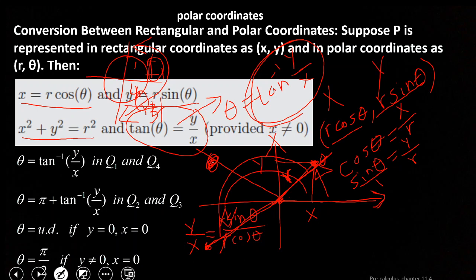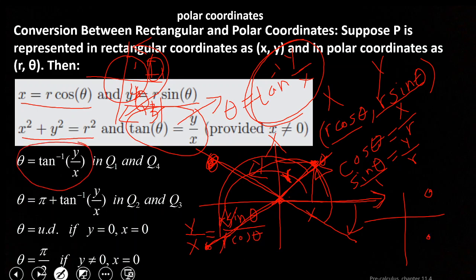You're over here, but the calculator is going to give you a negative angle, so we add pi to it and get the correct angle. So if the point is in the first or fourth quadrant, this formula works. But if it's over here and over here, we have to add pi to it for it to work.